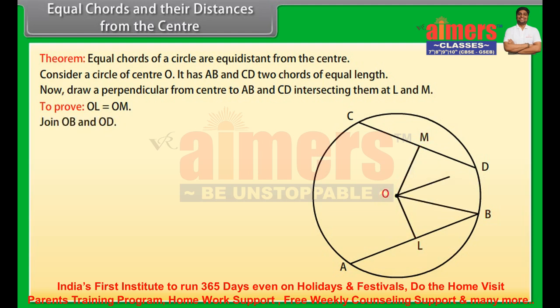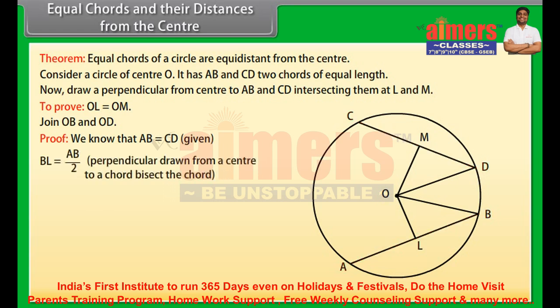Join OB and OD. We know that AB is equal to CD, given. BL is equal to AB upon 2, as the perpendicular drawn from a center to a chord bisects the chord. Similarly, DM is equal to DC upon 2. Therefore, BL is equal to DM.